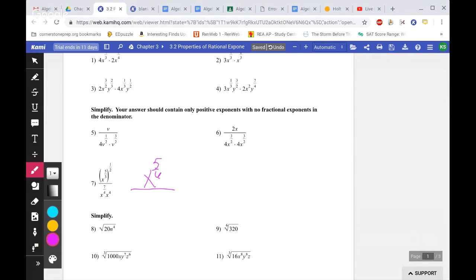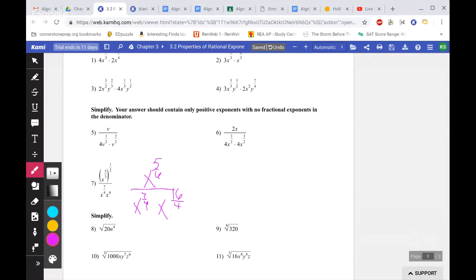The denominator is x to the 7/4, and then you've got x times x to the 4th. So what I want to do here, Bryson, is get a common denominator with this 7 over 4. 4 goes into 4 times, and 4 times 4 is 16.